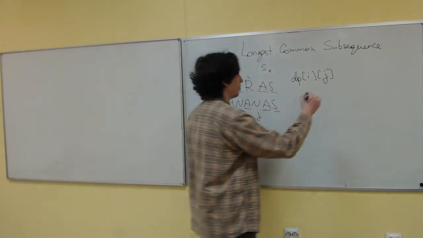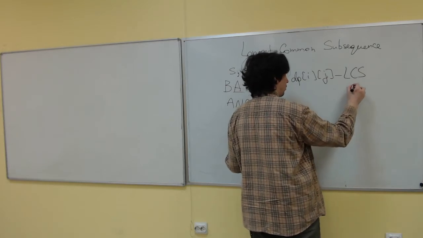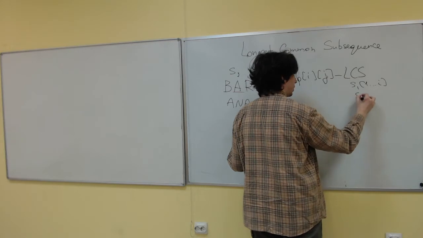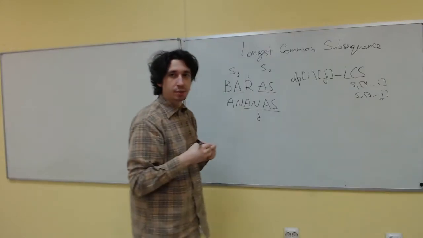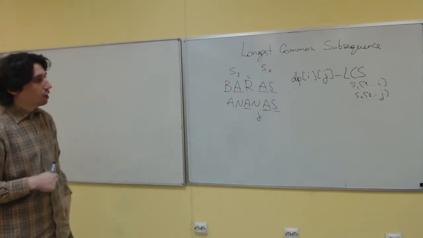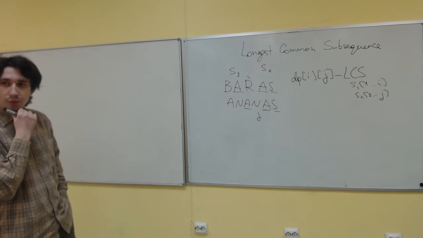Yeah, exactly. So this is LCS, the longest common subsequence of S1 I and S2 J. Longest common subsequence of these two strings. Okay, how to recalculate? What steps do we have here?